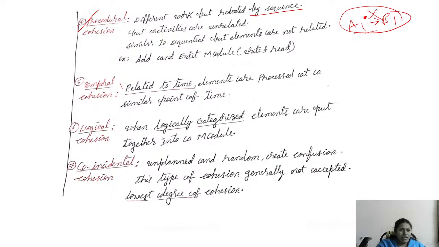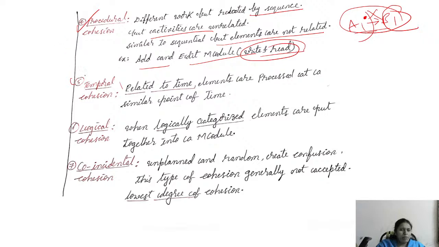That is procedural cohesion. The activities of these two elements are unrelated, but they are sequentially related, similar to sequential cohesion, but the elements are not related. Add and edit module, write and read module are examples. If you are adding something and editing after that, these are different tasks, but they are done sequentially one after another.